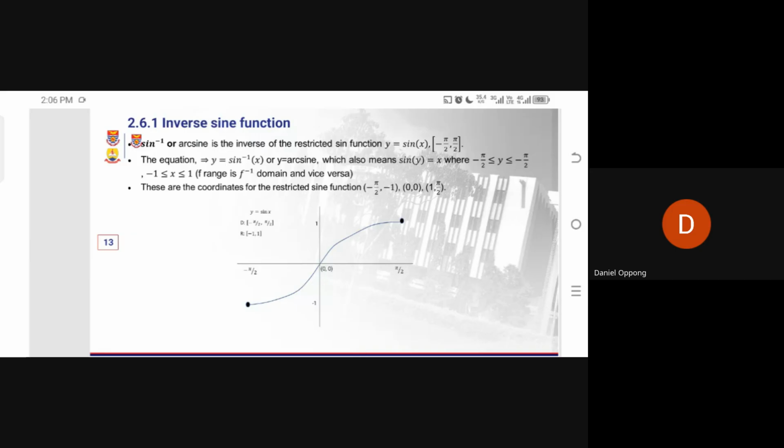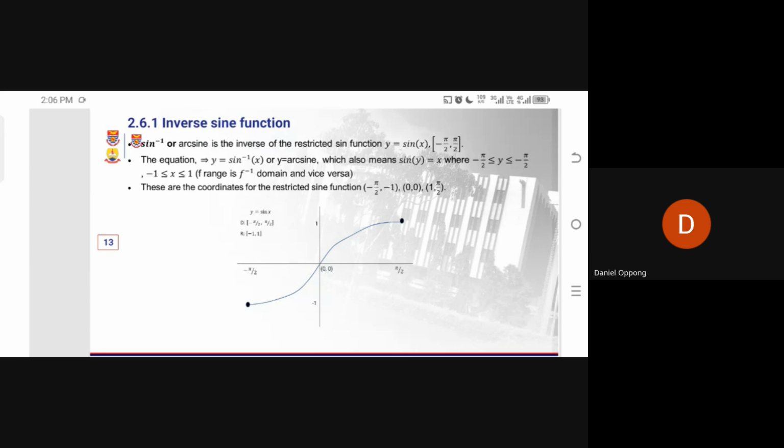I just want you to understand it when it is also a sine function. Remember that for this one, it is restricted because it is bounded in an interval. Are we okay?